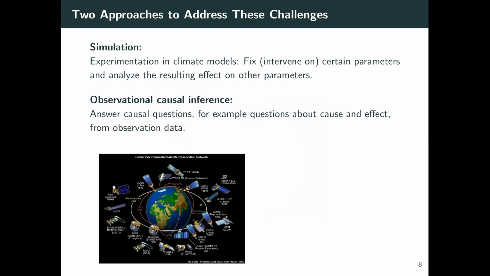The other approach is that of observational causal inference, which is the topic here. It makes use of the ample availability of data that we have due to satellites, measurement stations, and many other sources.